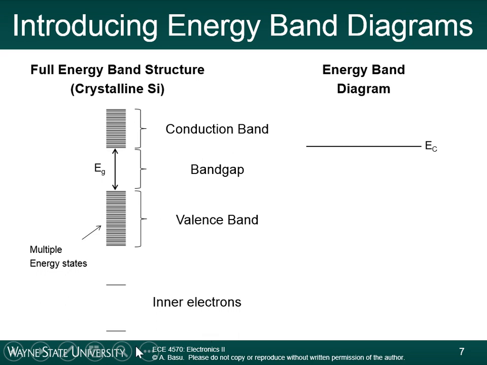So what we do is we draw a line that represents the edge of the conduction band. Okay, so this line EC lines up with the beginning of the conduction band here. We draw another line EV, which lines up with the top of the valence band here.